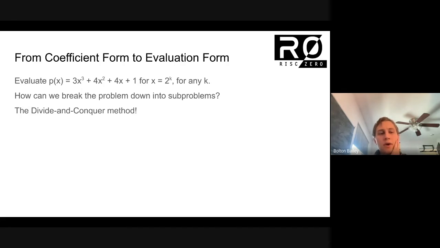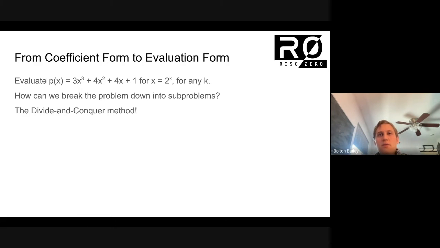It tells us that if you have a problem, you should try to break it up into similar problems of a smaller size. Our problem is this polynomial with four components. So how can we break that up into subproblems which consist of solving the same problem, but for polynomials with fewer coefficients?